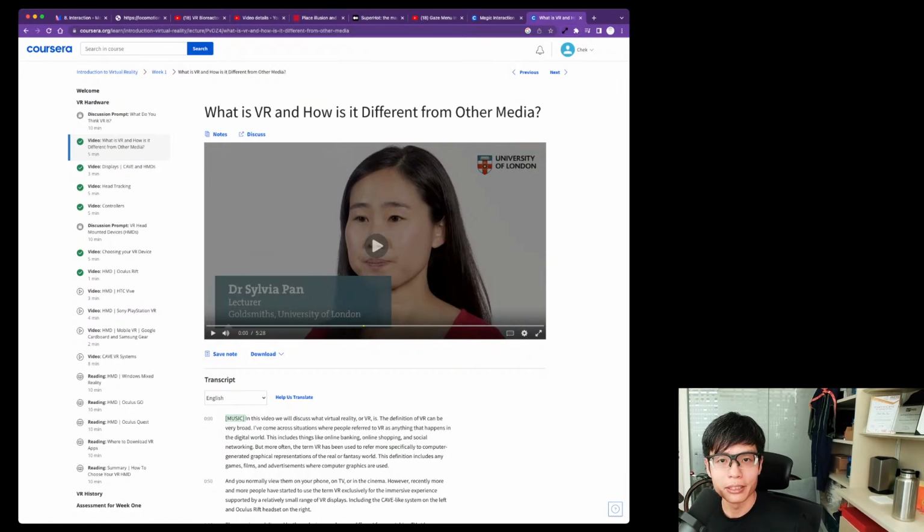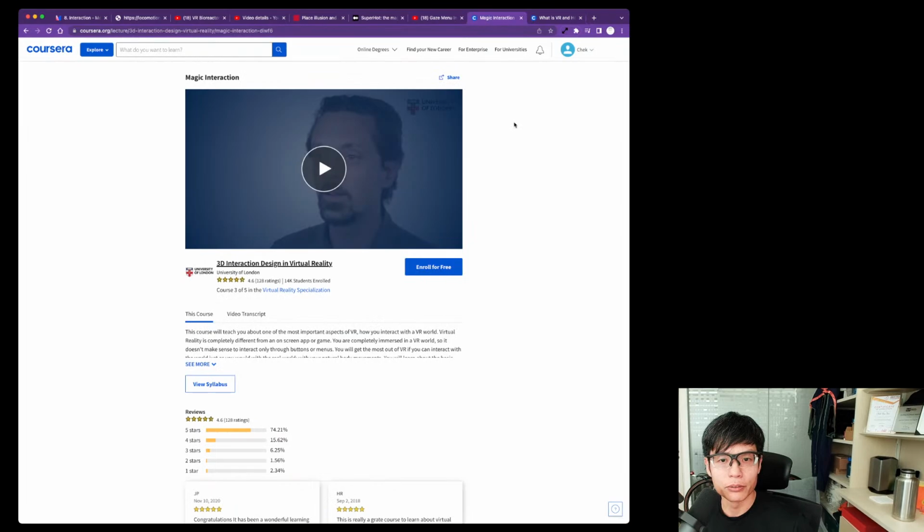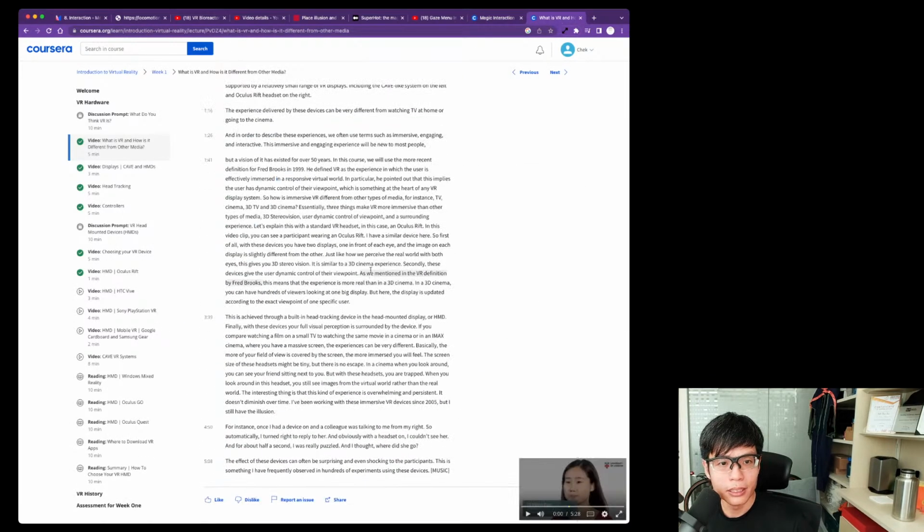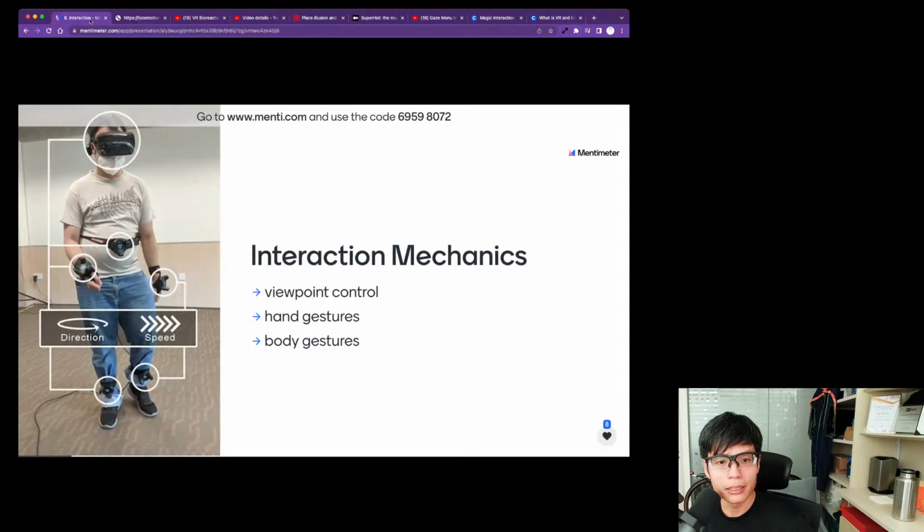Just pointing out that this is some of the things that I referred to, and what I'm talking about over here. She also mentioned that viewpoint control is one of the most essential things that makes a difference. Once you are in a digital experience, if you look around in the digital world, you can freely control where you want to see things. That sort of defines immersive application.